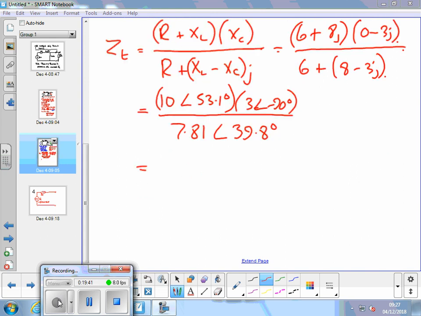So to multiply out that top line, that must be 10 times 3 is 30, angle 53.1 minus 90, which is minus 36.9, divided by 7.81 angle 39.8 degrees.